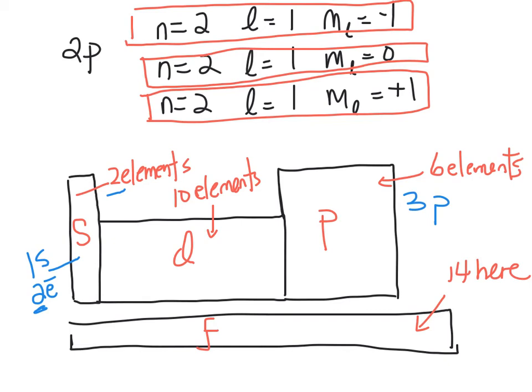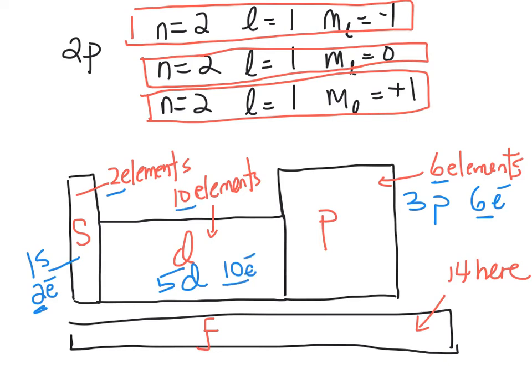Each can hold 2 electrons for a total of 6 electrons. D block. There are 5 d orbitals per energy level or per row. Each can fit 2 electrons for a total of 10 electrons.